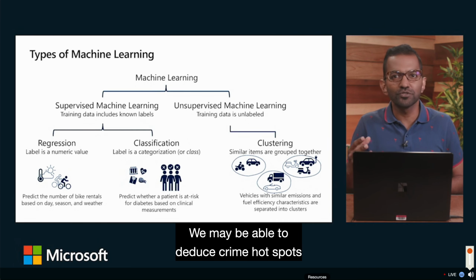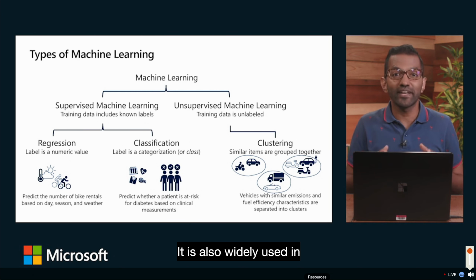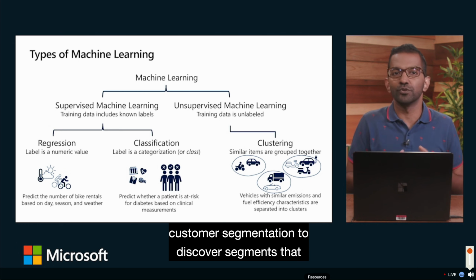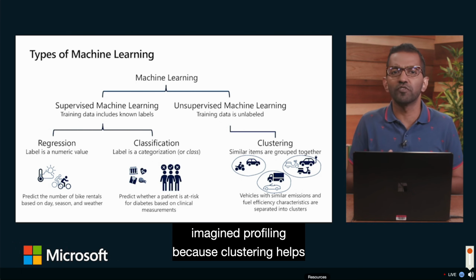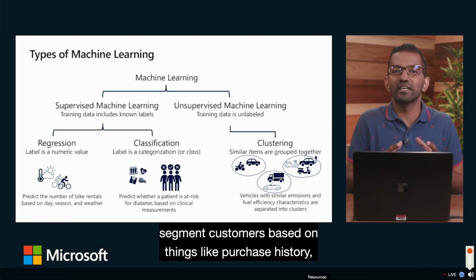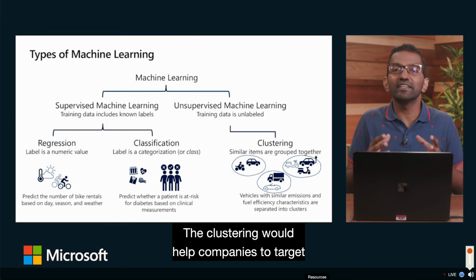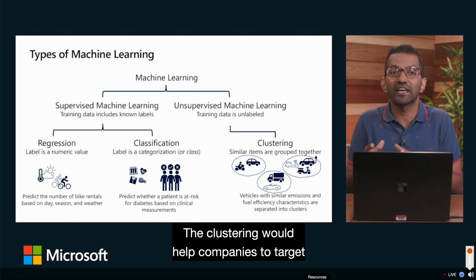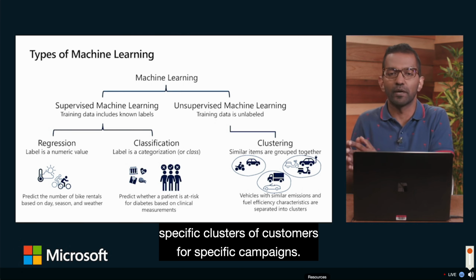We might be able to deduce crime hotspots based on certain activities or markers. It is also widely used in customer segmentation to discover segments that marketers couldn't possibly have imagined profiling, because clustering helps marketing professionals improve their customer base and segment customers based on things like purchase history, interest, or activity monitoring. And the clustering would help companies to target specific clusters of customers for specific campaigns.